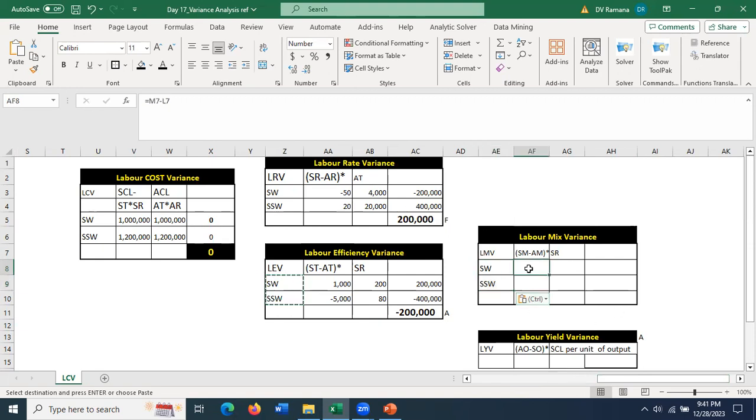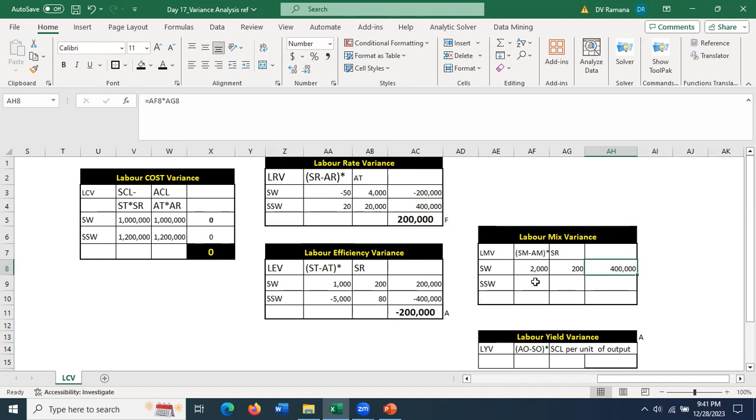So mix variance of skilled workers is positive. That means I've used less of skilled workers. So don't always think that positive variance means positive in spirit. Because I've used less of skilled workers, there is a positive skilled workers mix variance.